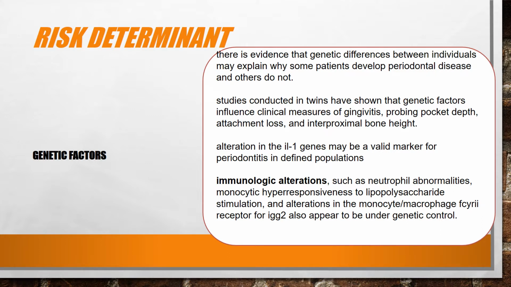Some immunological alterations can also be seen, such as neutrophil abnormalities, monocytic hyperresponsiveness to lipopolysaccharide stimulation, and alterations in the monocyte or macrophage FcγRII receptor for immunoglobulin G, which also appear to be under genetic control.